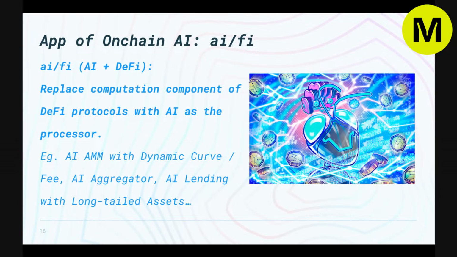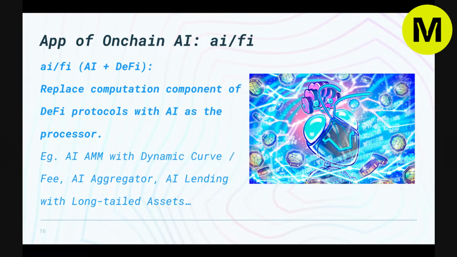And the next one is about AIFI, which is like an older version of what we pictured way before DeFAI became a term. It's basically about replacing the computation component of DeFi protocols with AI as the processor.